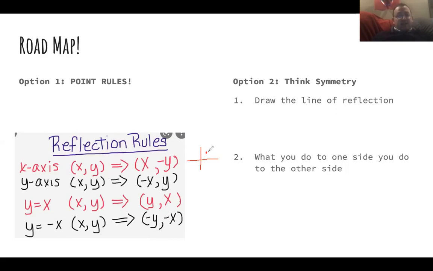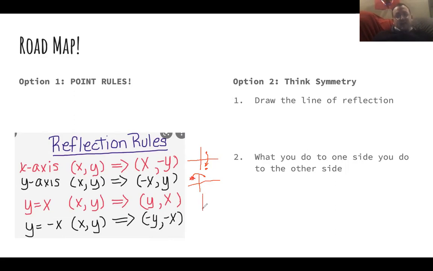I take my x, y coordinate and reflect it over, and my y coordinate changes in sign. If we are reflecting over the y-axis, instead of changing the sign of my y coordinate, I am changing the sign of my x coordinate.